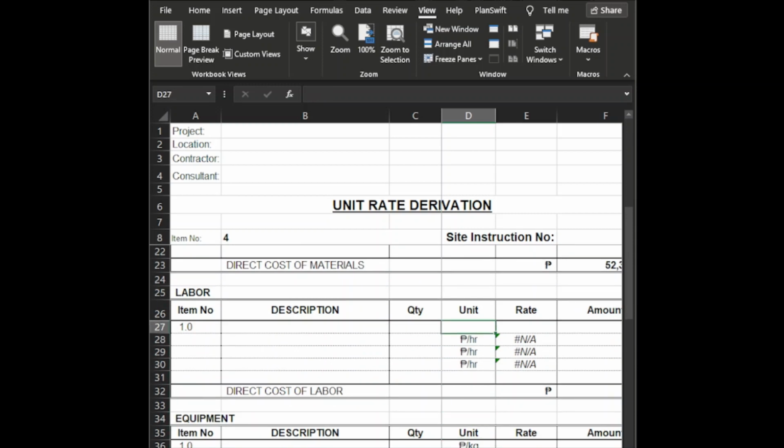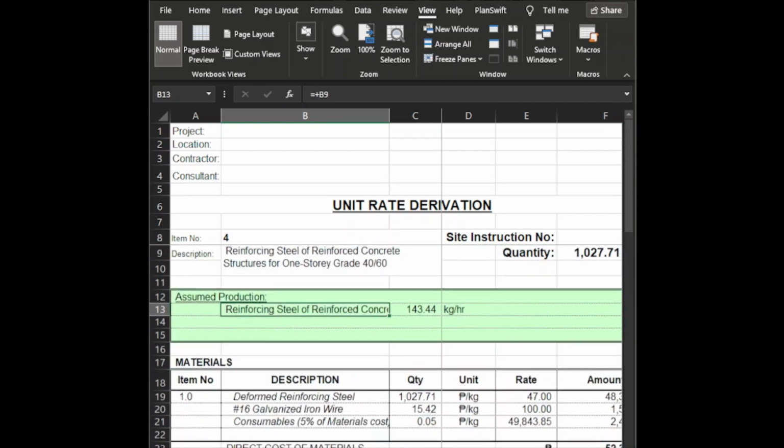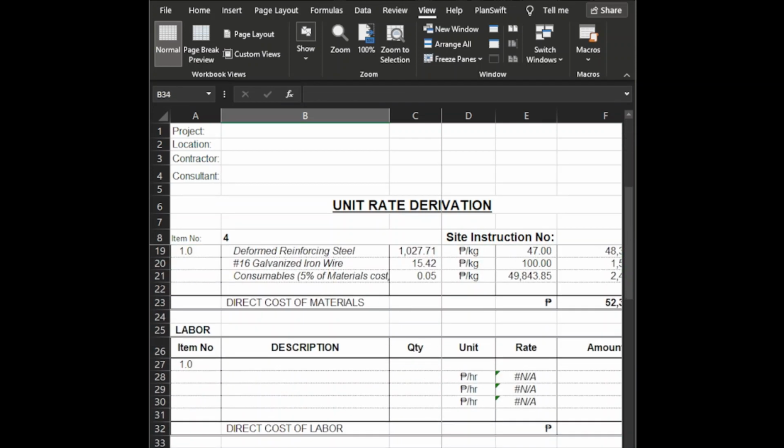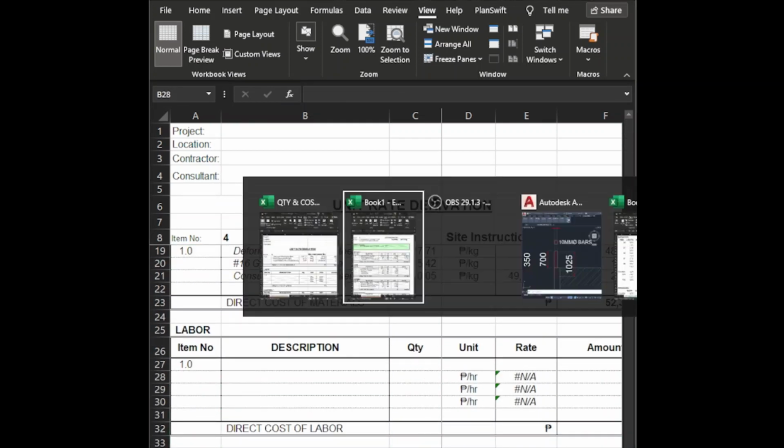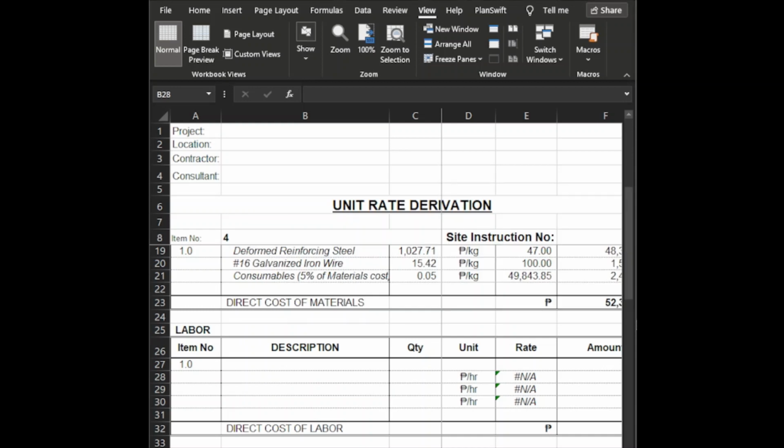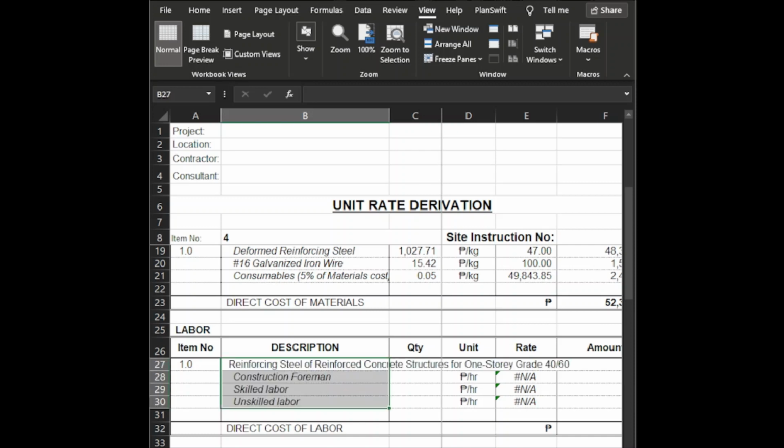So for the labor, we have construction foreman again, then skilled labor or the steelman, then we have unskilled labor. But for this assumed production, we need one construction foreman, then 3 steelman.